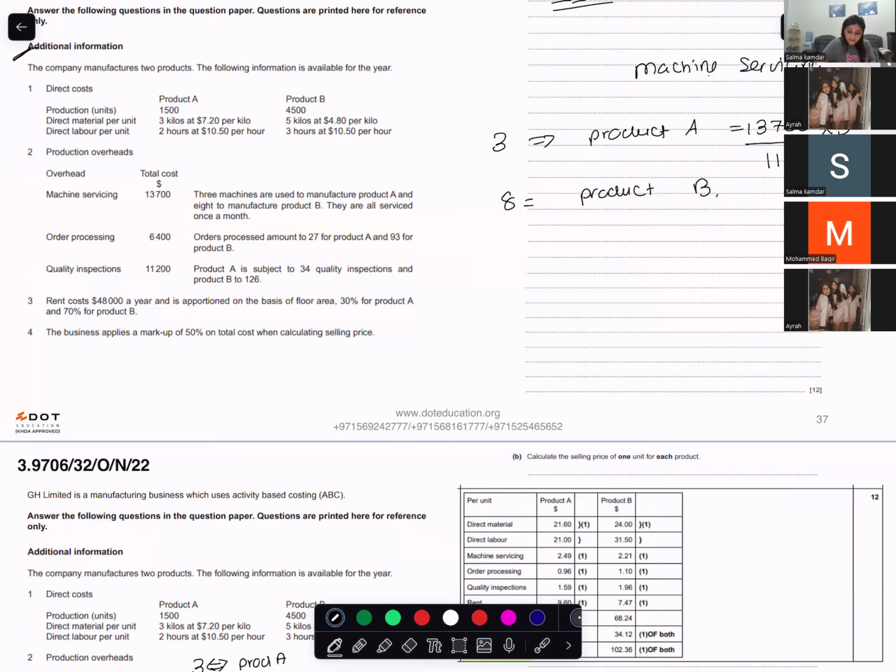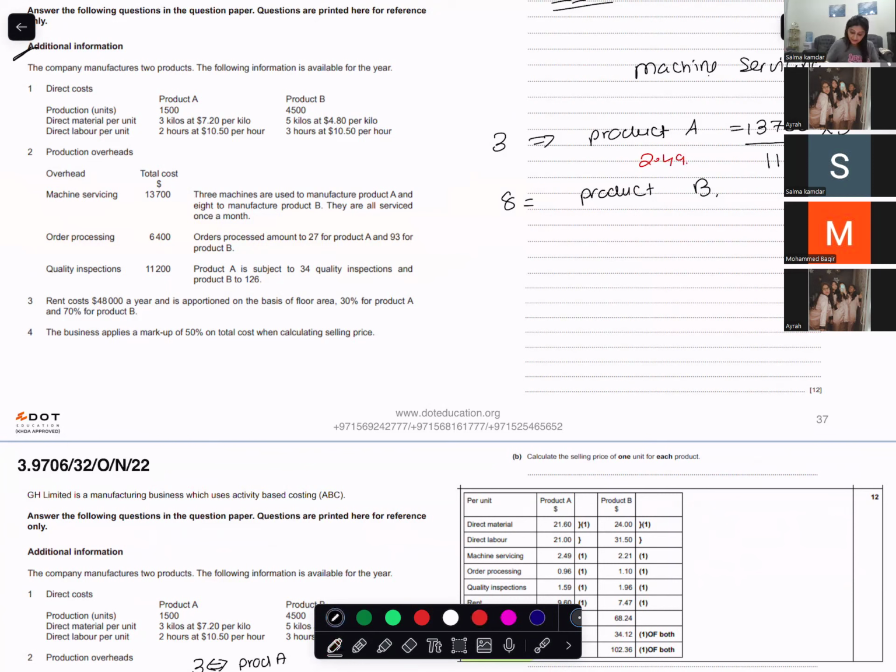So first for product A, 13,700 into 3 divided by 11 is coming up to 3,736.36. And you will also divide it by the number of units, 1,500, because you want per unit. We'll take 2 decimals.